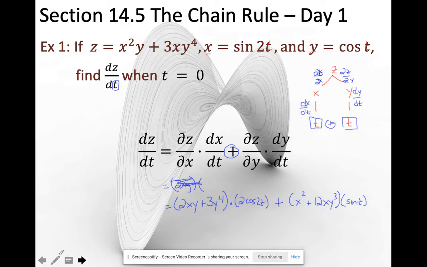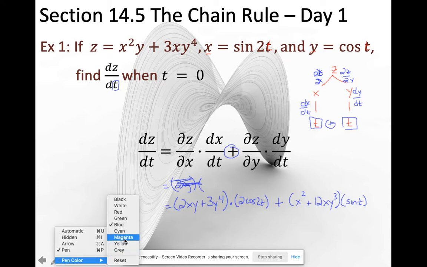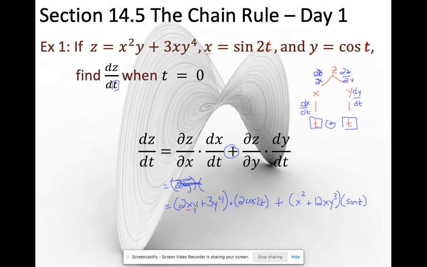Now, I am concerned because I've got too many variables. I'm not supposed to have x's and y's when I'm dealing with dz dt. However, they asked me when t is equal to 0, so I don't have to go through the trouble, right, of replacing. I just can say, well, what is x when t is equal to 0? And what is y when t is equal to 0?